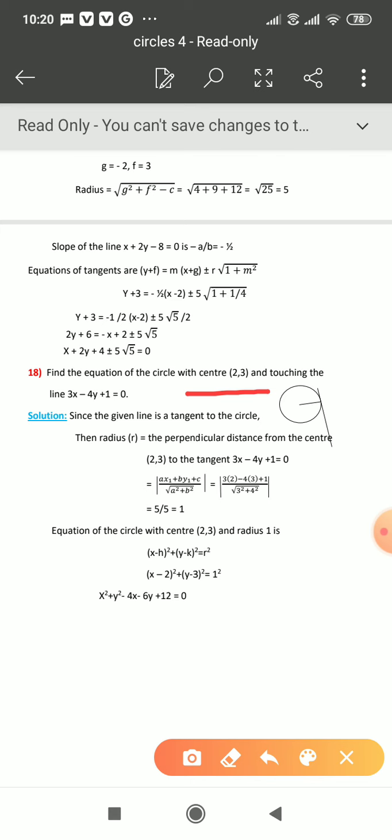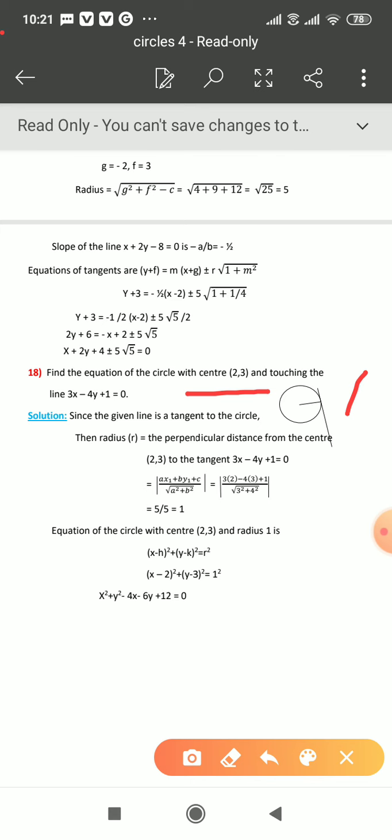Now, to find the radius, it is enough if we find the perpendicular distance from the center to the line. Here the center is given, and the line is also given. So, to find the radius, we find the perpendicular distance from the center to the line. Here you observe this condition. This is the circle.